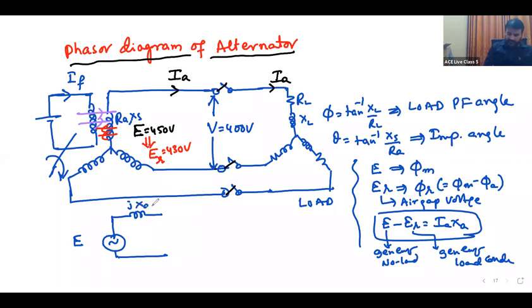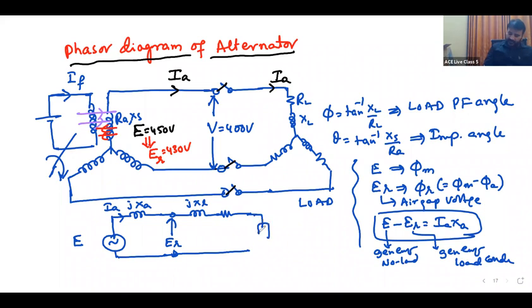Now this is the air gap voltage, E minus IA XA, which is equal to ER. Now again the leakage reactance, jXL, and the resistance.